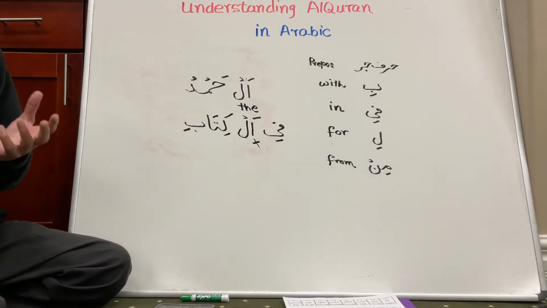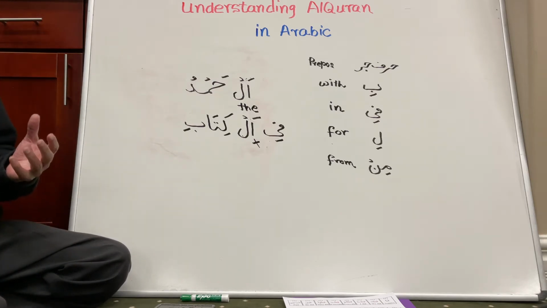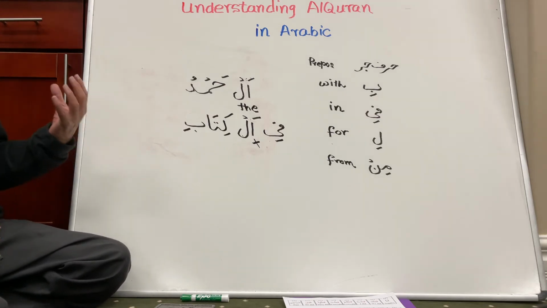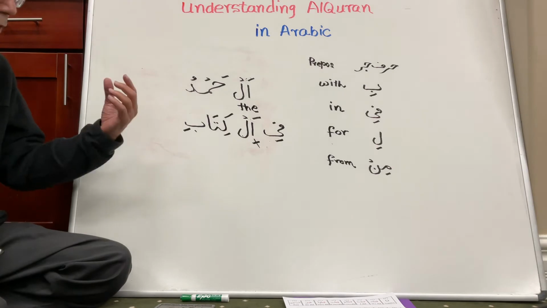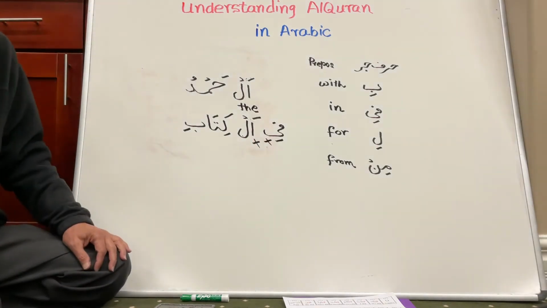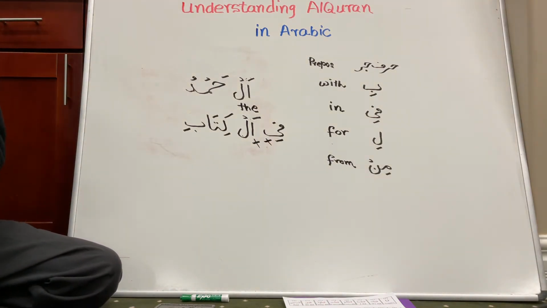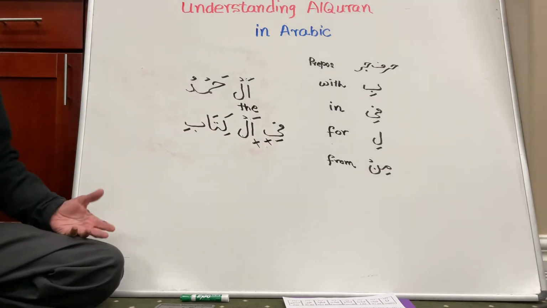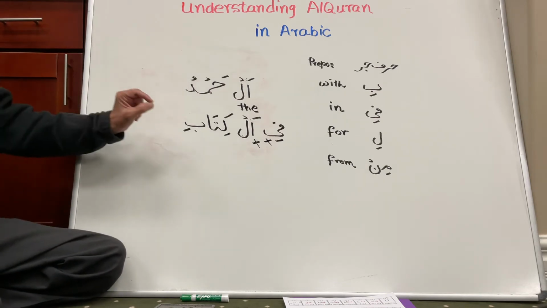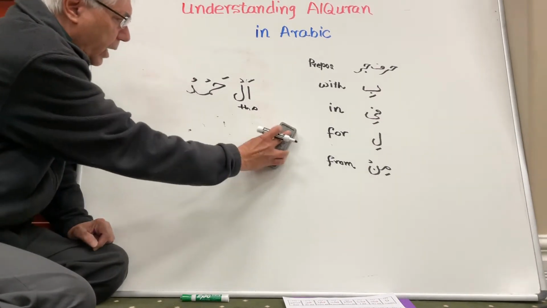It looks much smoother, instead of saying fi al kitabi, fil kitabi. So this is the second thing that will happen when you combine the harf jar. You can drop the unnecessary letters, because alif and ya are both just sounds. You say fil kitabi, in the book. So this is the characteristic of harf jar.